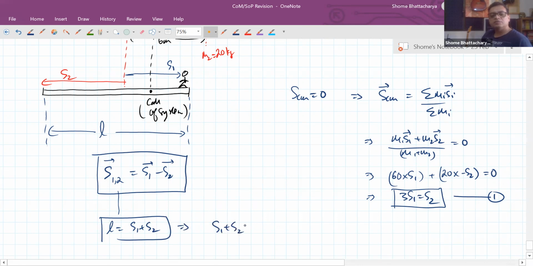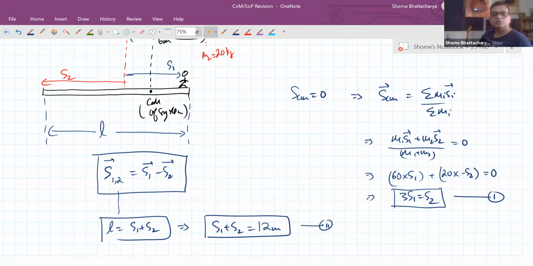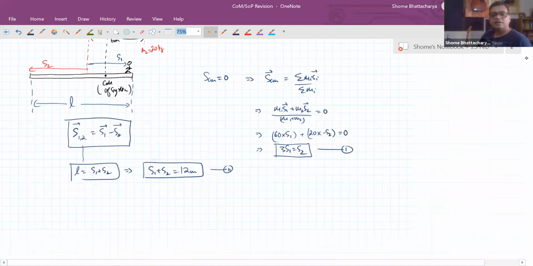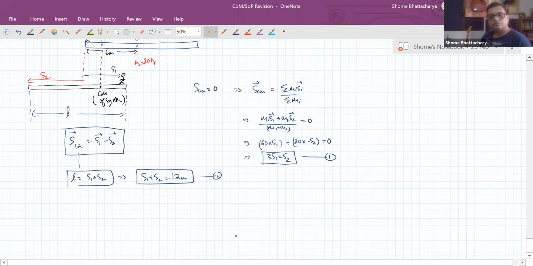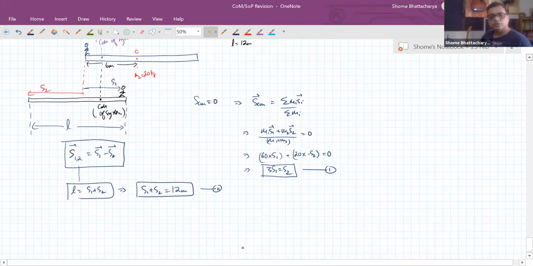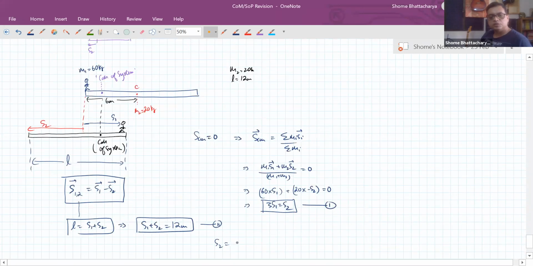So S1 minus S2 will become magnitude of S1 plus magnitude of S2, which is equal to the length of the plank. Now solving these two equations, we get the final relation that the displacement of the plank, which is what we are looking for, S2, will be 9 meters. So that becomes our answer.